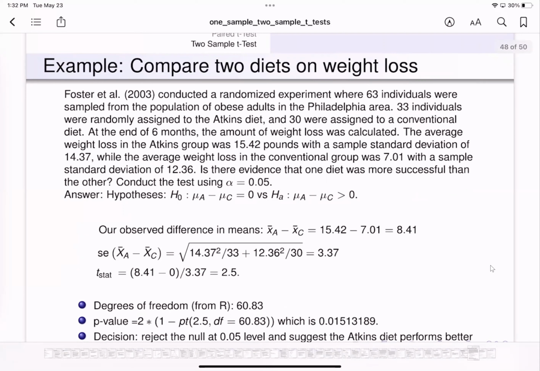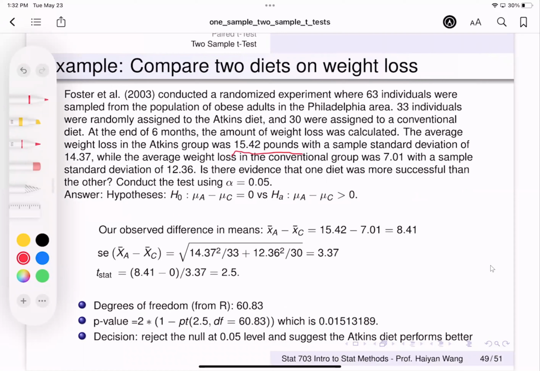Average weight loss in the Atkins group was 15.42 pounds, with a sample standard deviation of 14.37. So this is from one sample: you have an average and you have a sample standard deviation. For the other group, the conventional diet group, the average weight loss is 7.01 and the standard deviation is around 12. And the question is: is there evidence that one diet was more successful than the other?